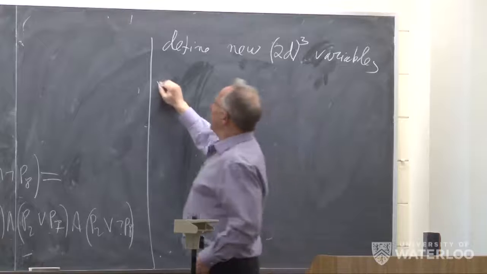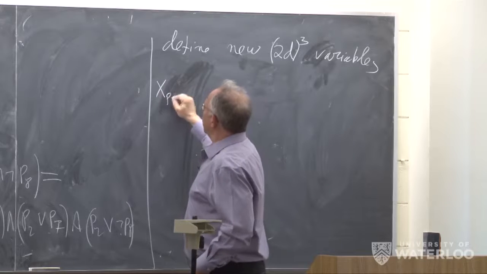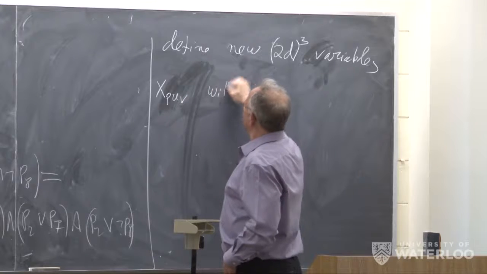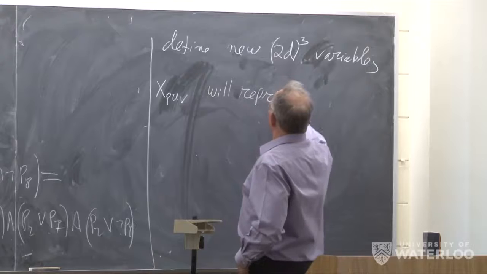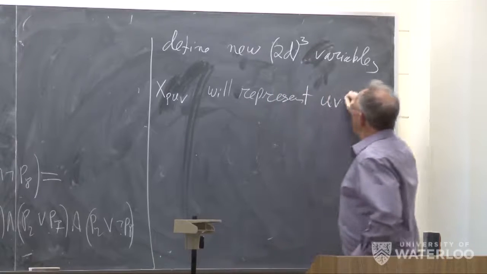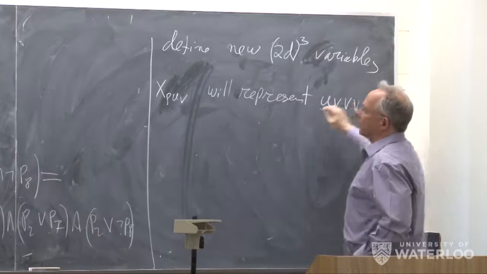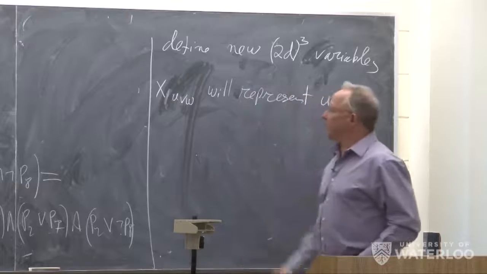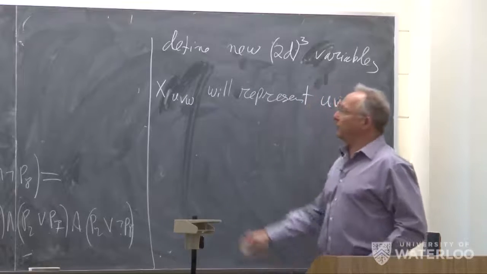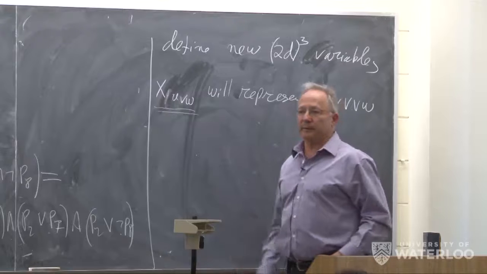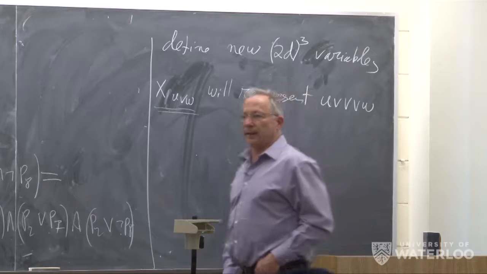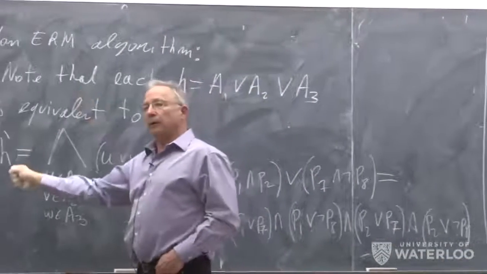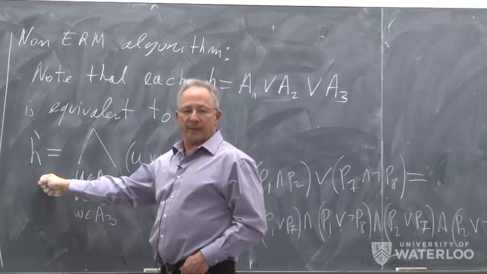So I have a variable x_uvw that will represent u or v or w. For every such triple of literals, I will have a new variable x_uvw. And now my formula H is equivalent to a conjunction over this bigger space.